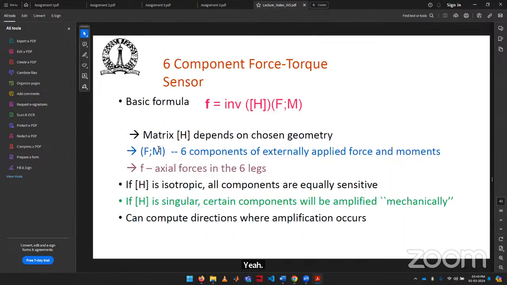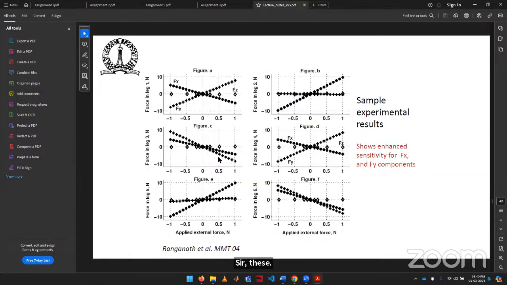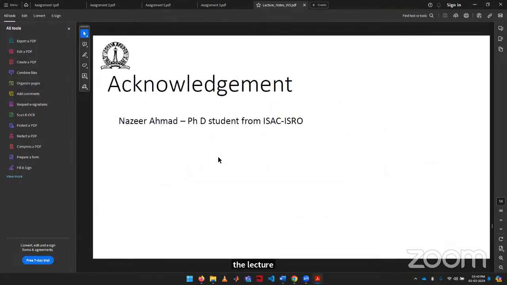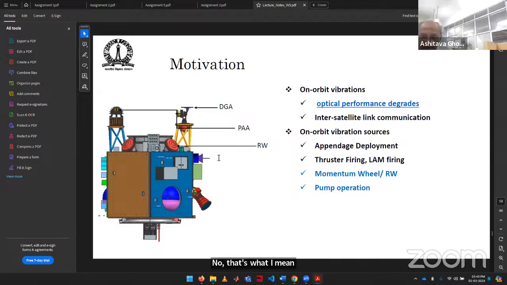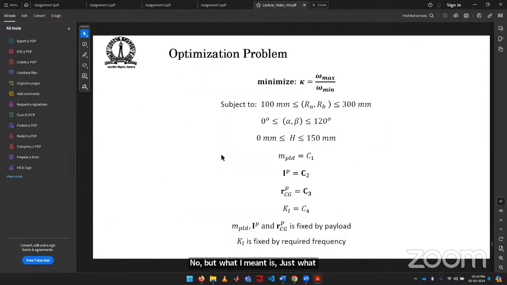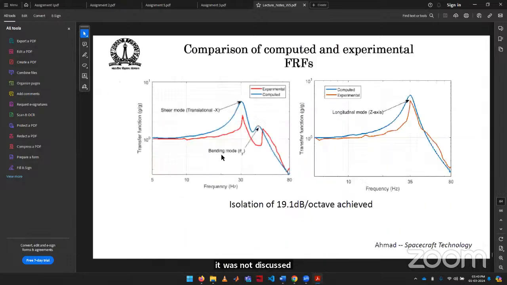Sir, these numericals like question 14 and 16 were not discussed in the lecture. What was not discussed? Sir, how to calculate dB per octave.